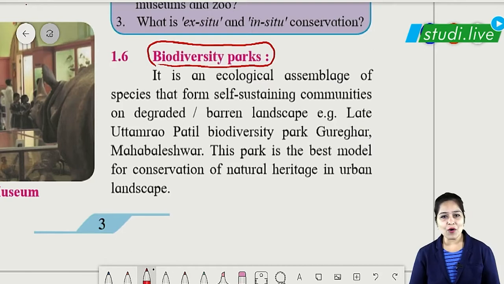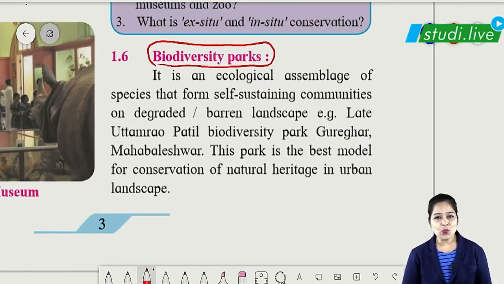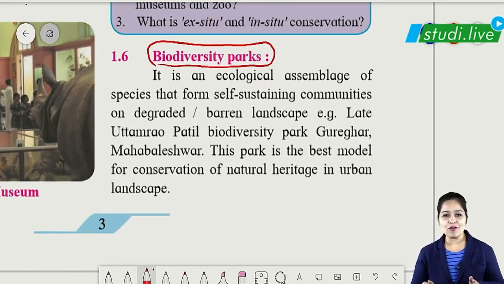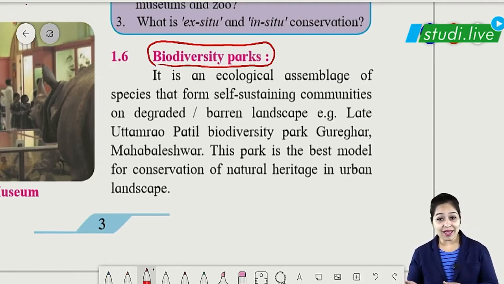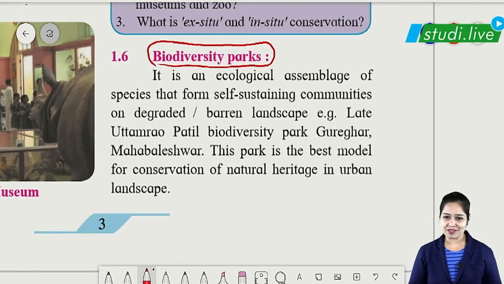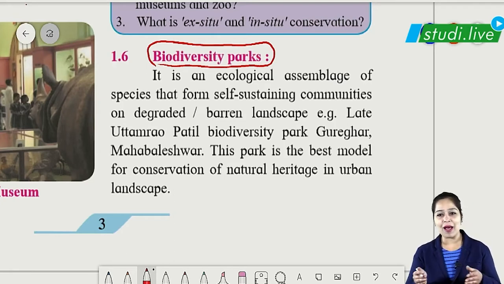In that barren or degraded landscape, we put an ecological assemblage of species, which means we had a barren unexploited land, and in that first we grow trees, then we make a pond of water, then we bring in animals and make a home for them. Like we construct for ourselves a home on a barren land, here we are constructing a home for these animals and plants. That will be called a biodiversity park.